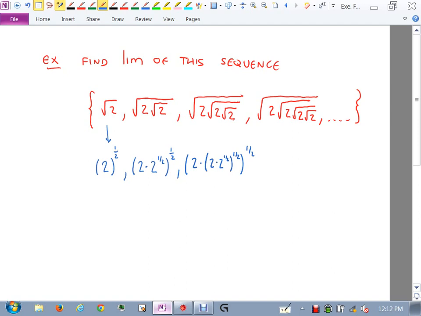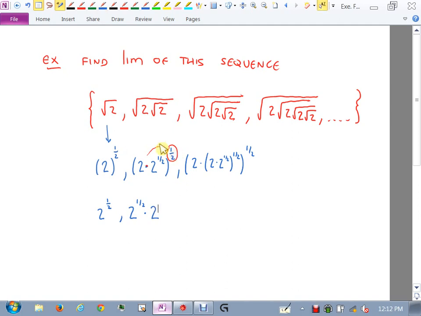And then the last one I'm not even going to write. Okay, so here's what I've got. I got 2 to the 1/2 here. Now here, because this is an exponent, and because I have multiplication here, I can apply the exponent to each of these, right? Which means this will become 2 to the 1/2 times 2 to what power?